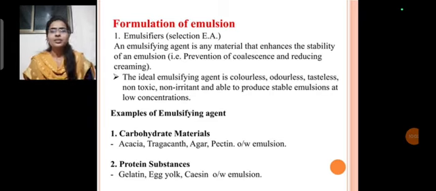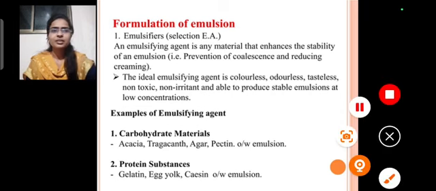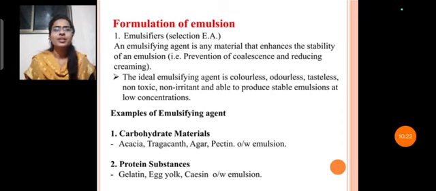What is the role of emulsifying agent? An emulsifying agent is any material that enhances the stability of emulsion. It is mostly used to prevent the collisions of particles.